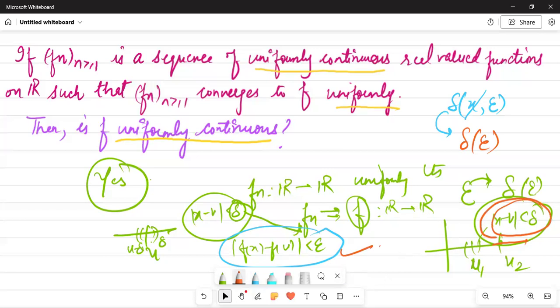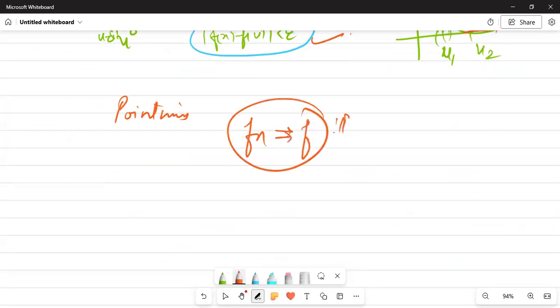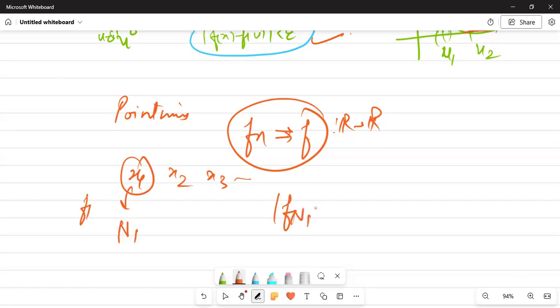And uniform convergence means that pointwise convergence is happening. That is, if fn converges to a real valued function f, then for example, for these points, if it is happening pointwise, then for x1 you might get n1 such that |fn(x) minus f(x)| is less than epsilon for all n greater than or equal to n1.